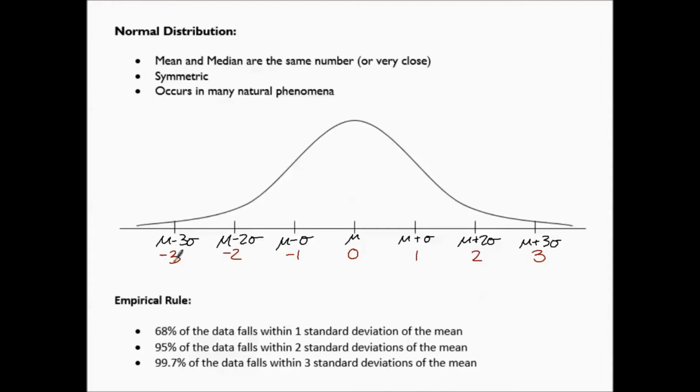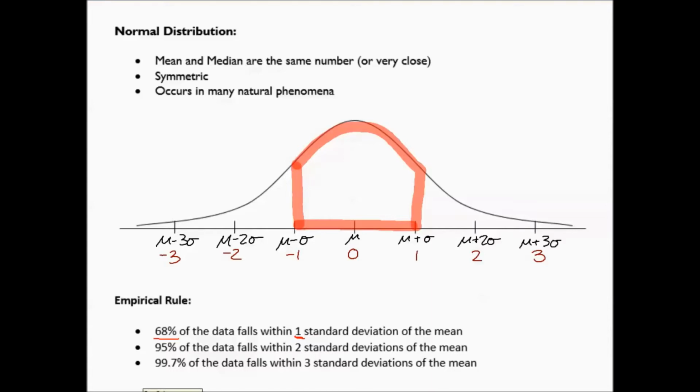Now there are some interesting properties of the normal distribution called the empirical rule. The empirical rule says that 68% of the data in a normally distributed set of data fall within 1 standard deviation of the mean. So that means that 68% of the data would be in this region, between a z-score of -1 and 1.